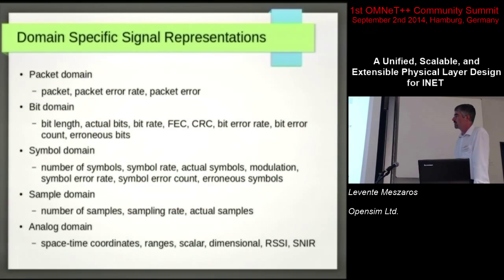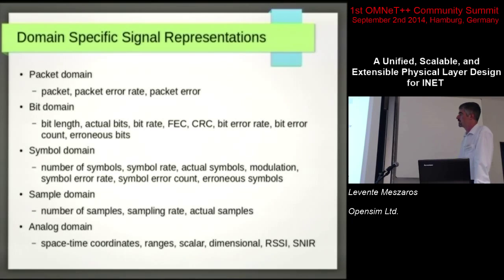Here are a couple of things that could be present in the data structure and signal representation in various domains. And this is why I mentioned that in the old INET model, practically the space-time coordinates and some scalar value, the bit length, was present, while in the MIXIM model we have this dimensional data, dimensional transmission power or bit rate, etc., and basically nothing else.